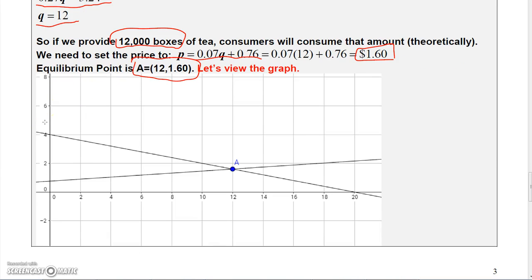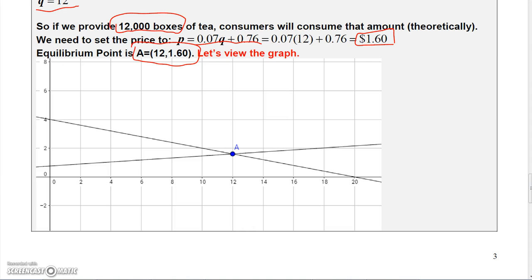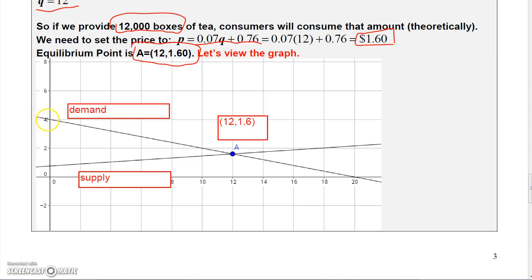Now, if you want to see this, you can see it on the grid here. Okay, so this line here is the graph of your demand equation. Notice as the price drops, notice how the demand goes farther out here. So the demand increases. But on the supply equation, notice that when the price is low, the supply is very low, but when the price increases, the supply increases.